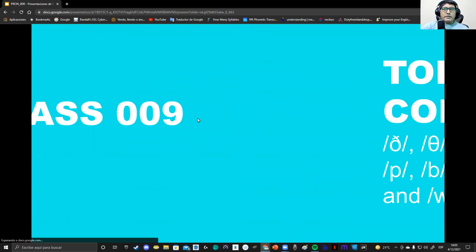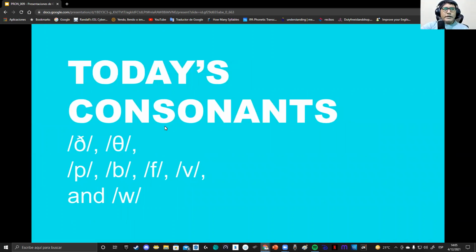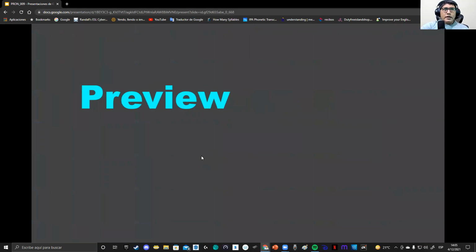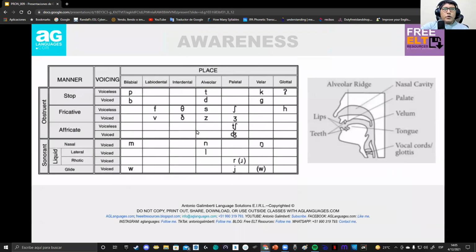This is class number 9. We're going to focus our attention on all of these consonants. Those are consonant pairs, okay? We're going to talk about that later in the workshop. What else are we going to see? We're going to see the phonetic chart and where these sounds happen, the points of articulation.